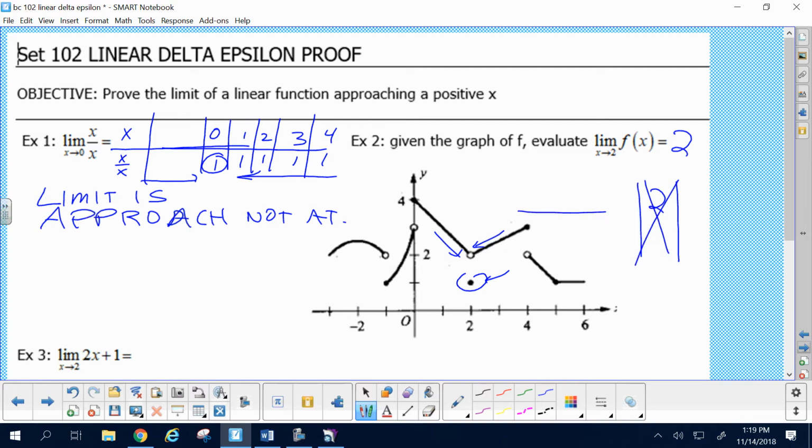The table is what rules. And if I looked at as x is 3 and as x is 2.1 and then 2.01, what would I see? These y values getting closer and closer to 2. They would be approaching 2. That's why we say the limit is 2. It's about the approach, not the at.